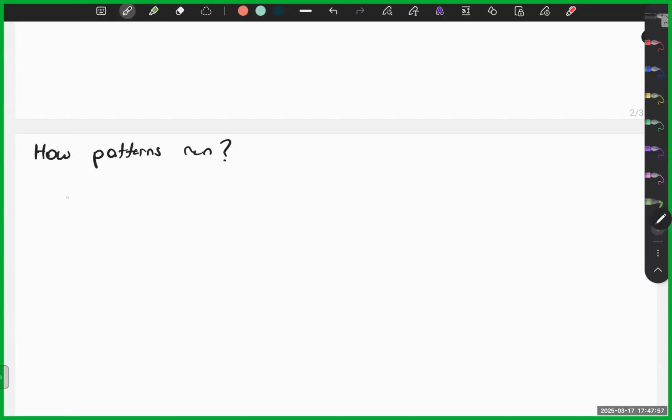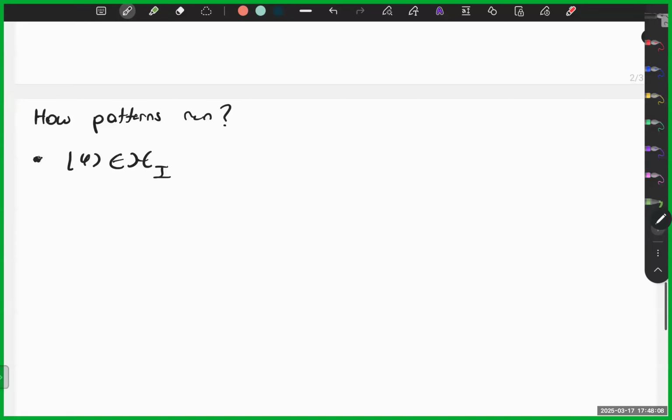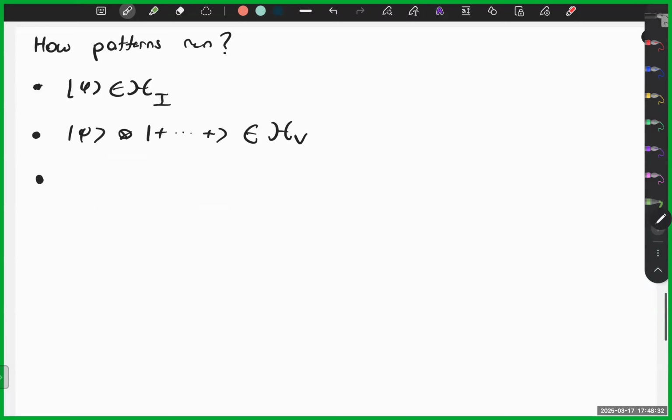So our pattern takes an input state psi in the input Hilbert space. This is the first step. Then it adds the tensors of the plus state, as the preparation does, to get a state in the HV Hilbert space. That's an expanded Hilbert space. We are expanding the input space by attaching plus states next to it. Then we start applying commands.